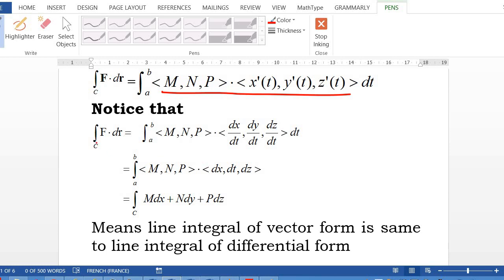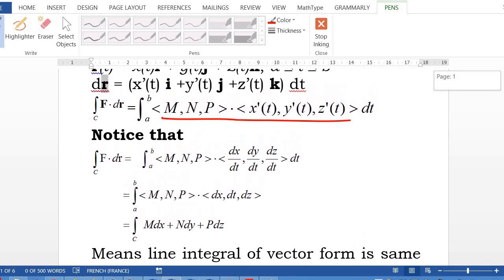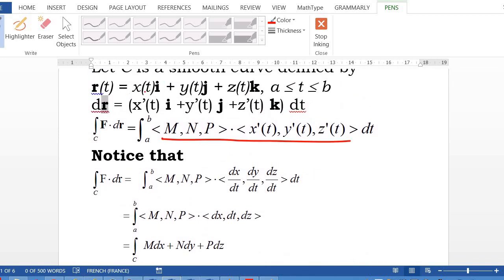You notice that the line integral of a vector field, when you expand the vector F dot with dr, where r(t) is x(t)i plus y(t)j plus z(t)k, so dr is x prime(t), or dx/dt, i plus dy/dt j plus dz/dt k multiplied with dt, because naturally dr/dt, you bring the dt to the right hand side.